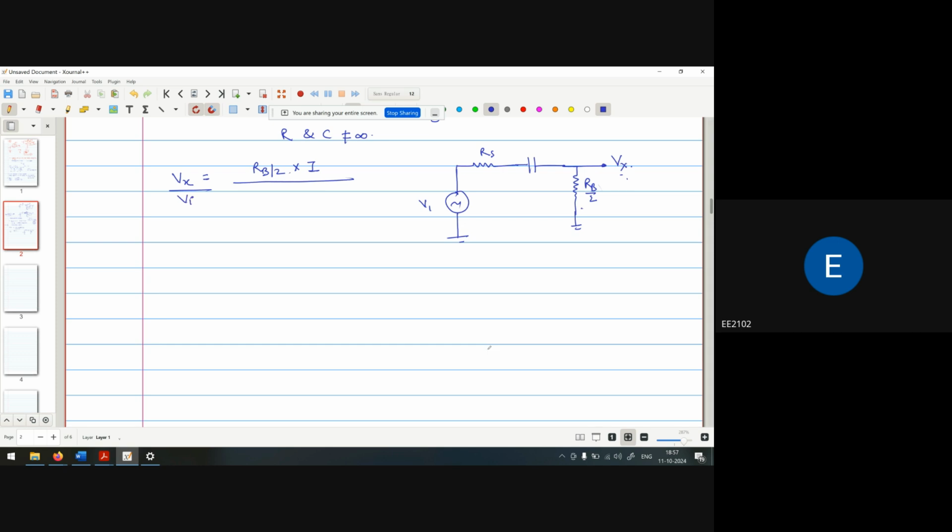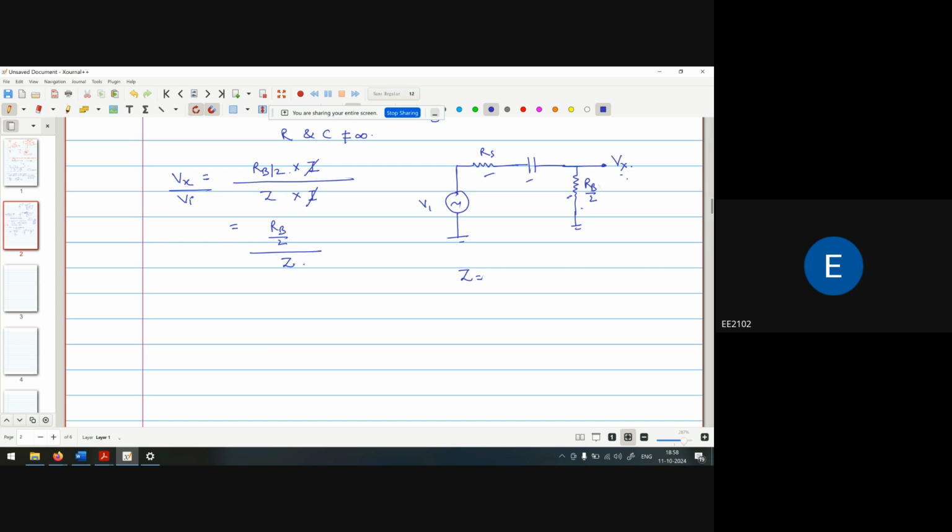That is Z multiplied by the current I flowing through this circuit. So Z multiplied by I, and I cancels out, so the value of Vx upon Vi is Rb by 2 upon Z. And what is the value of Z?